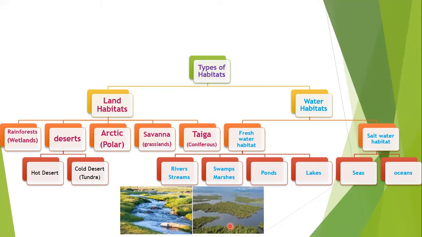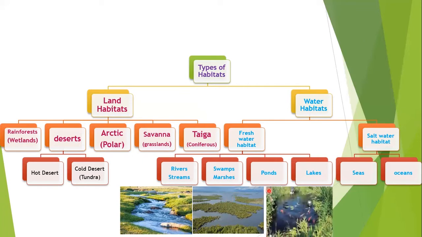Swamps are a kind of lowland located beside a river or a sea, and that's why there is water all the time in it. Finally, here we have ponds and lakes. These are all four types of fresh water.